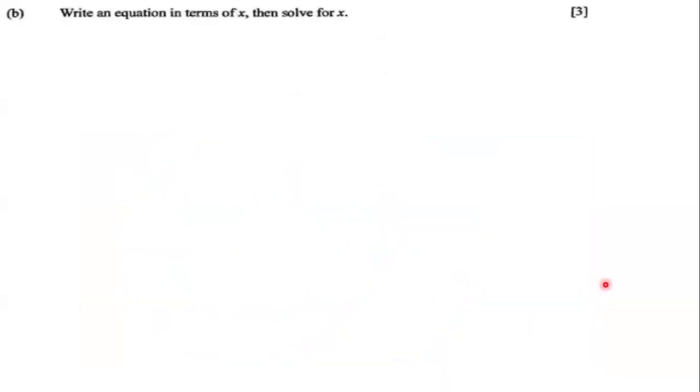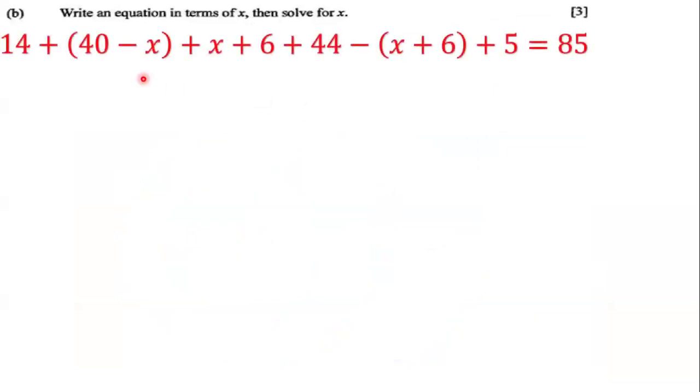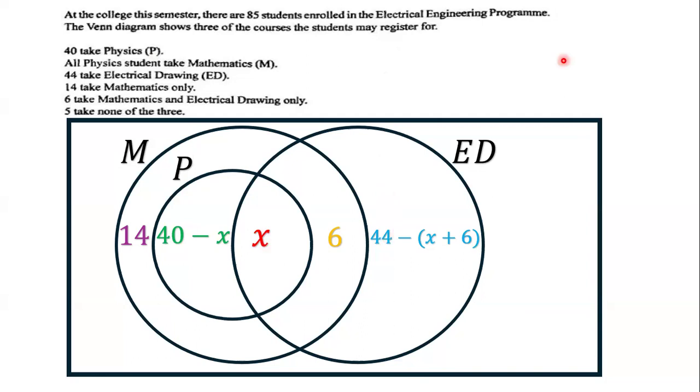Now let's move on to the next part, where they want us to write an equation in terms of X and then solve for X. And so we have 14 plus 40 minus X plus 6 plus 44 minus X plus 6 plus 5 is equal to 85. The reason we have 85 is because they said that 85 students are enrolled in the electrical engineering program.